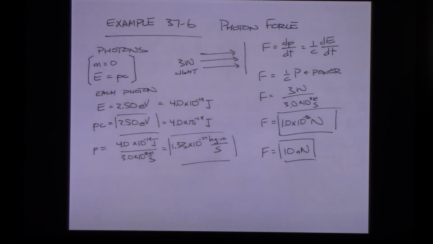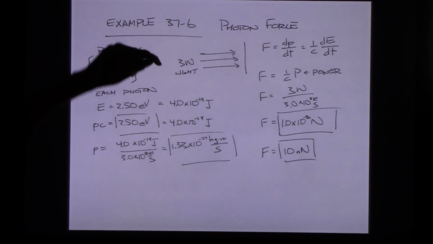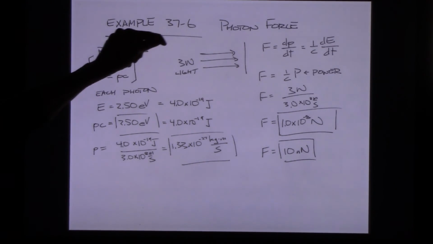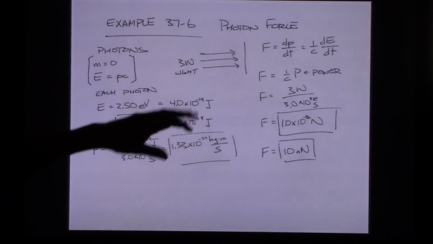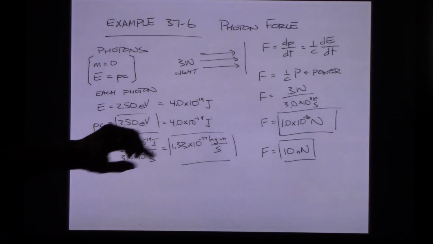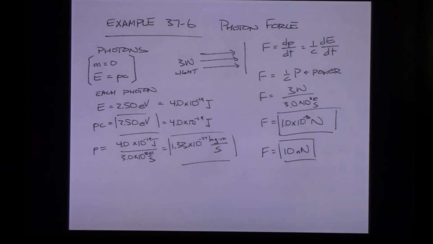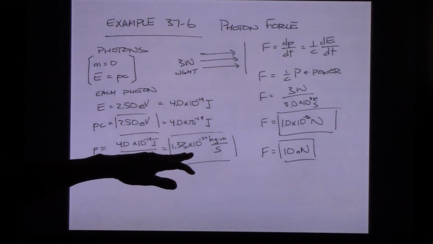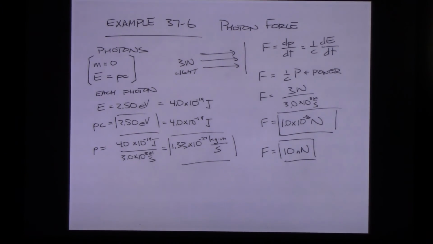Now, the power seemed easier to me because we already had the collective power. The combined power of all those photons is 3 watts. So again, we could have done the individual momentum and then multiplied. How many photons did we have here?